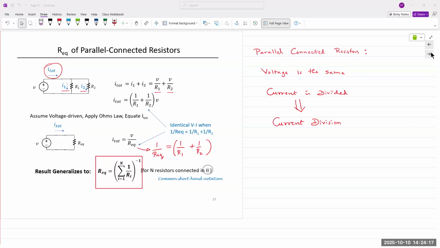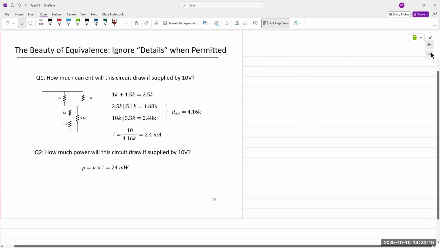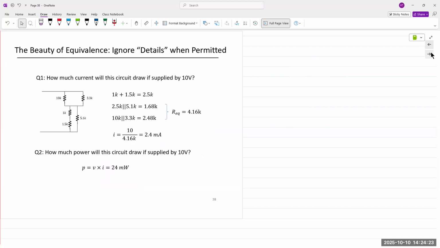And so you have seen that, you've done this. We'll go over a quick example. In this case, if you're trying to reduce the circuit down to one single resistance, we start with the branches that we can reduce. Right here and right here.